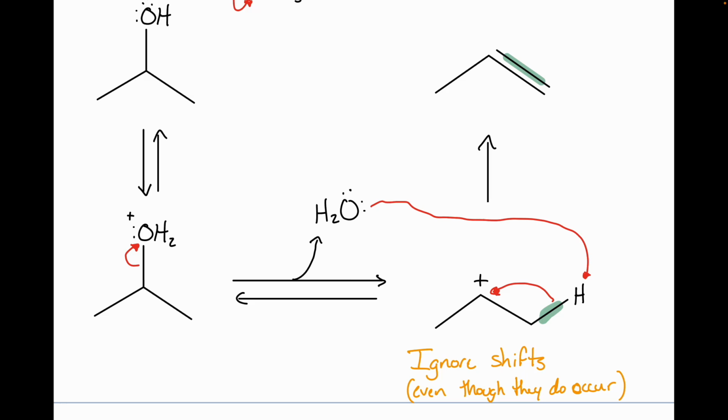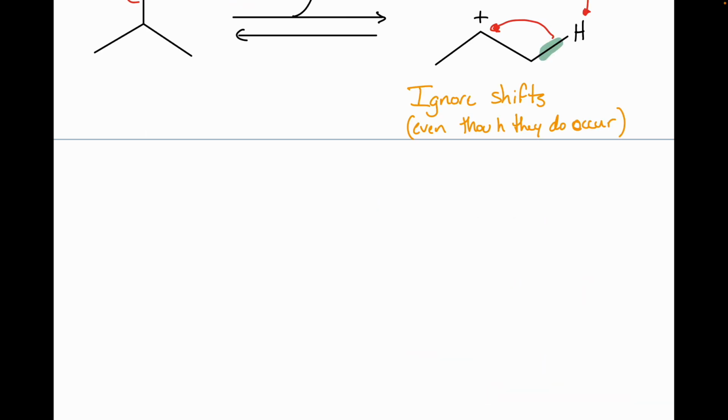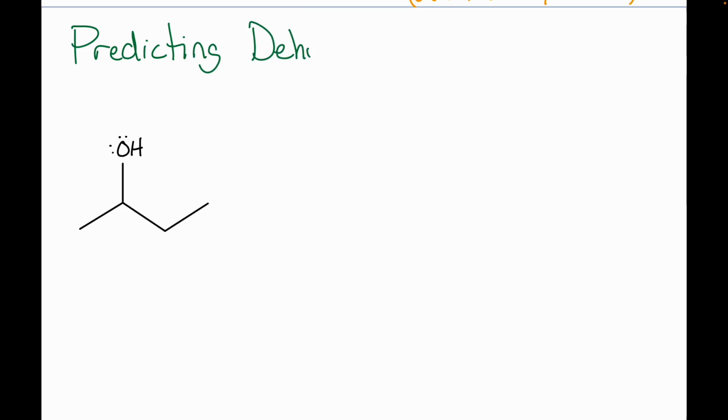All right? Cool. Okay. So why do I say that we already got a little bit of a problem on our hands? So in this case, we only have that one product, but as soon as we make things even a little bit more difficult, let's take a 4-carbon alcohol. All right, we're going to call this our predicting dehydration products.